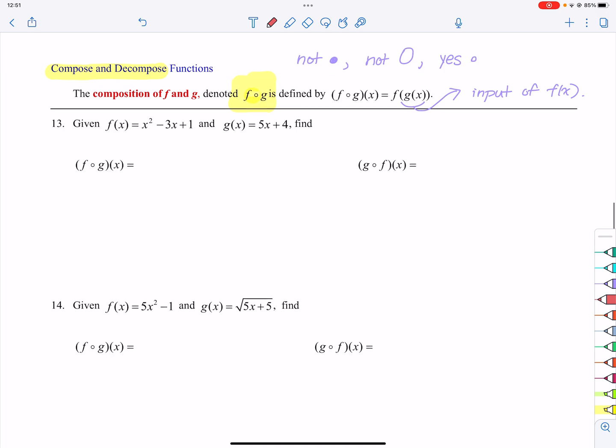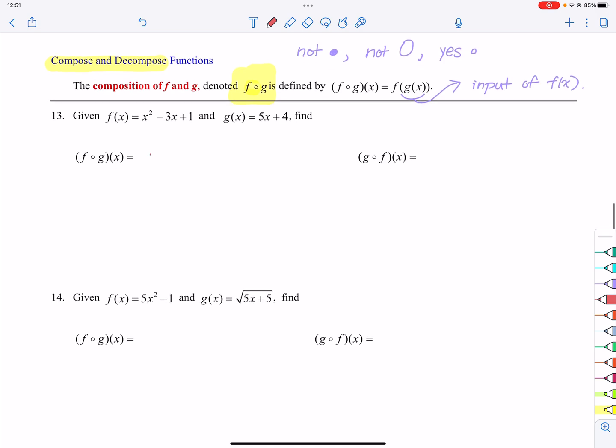So we have f composed with g of x. Let's use our definition right here. It's defined as f of g of x, and that's f of, and I'm going to put g of x in a different color, 5x plus 4.